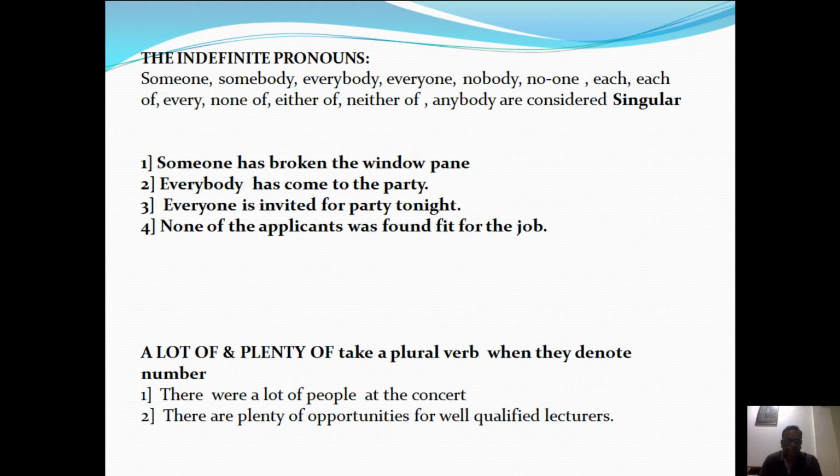Getting it? In the first example, someone has broken the window pane, someone may be anyone. Everybody means everyone, has come to the party. Everyone is invited for party tonight. None of the applicants was found fit for the job.